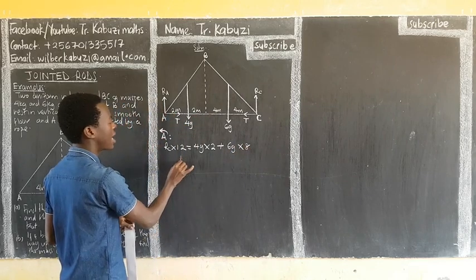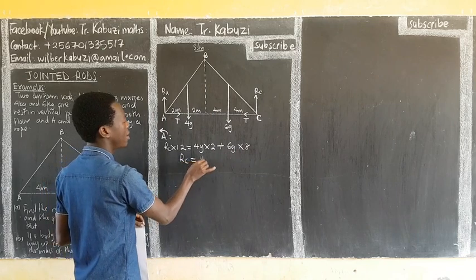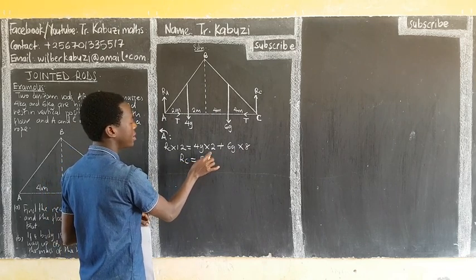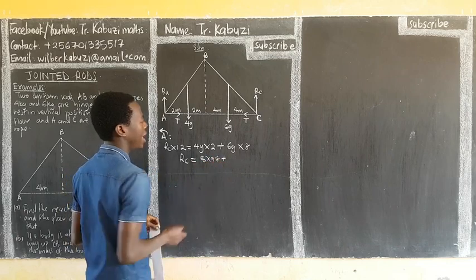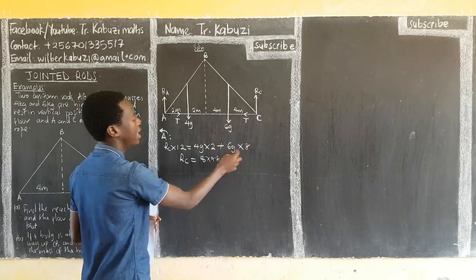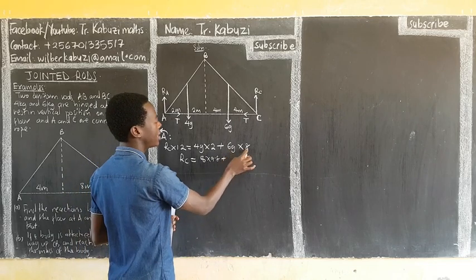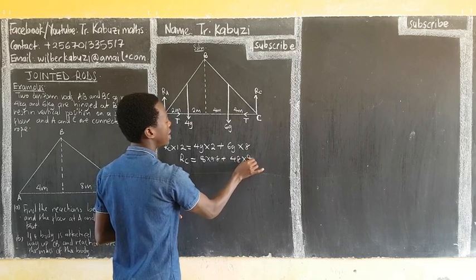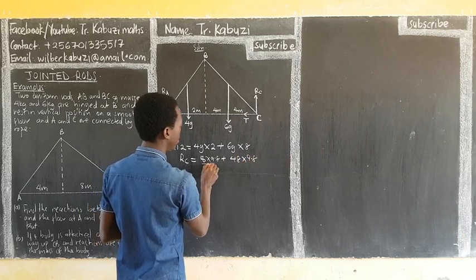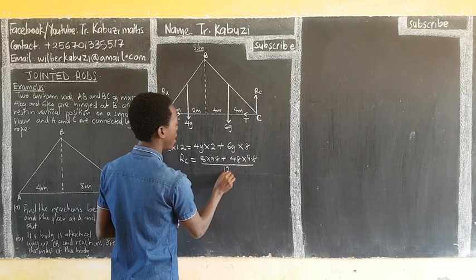And so our RC is going to be 8 times 9.8, then plus 8 times 4, that is, 8 times 6, that is 48 times g, which is 9.8. Then we divide by 12.